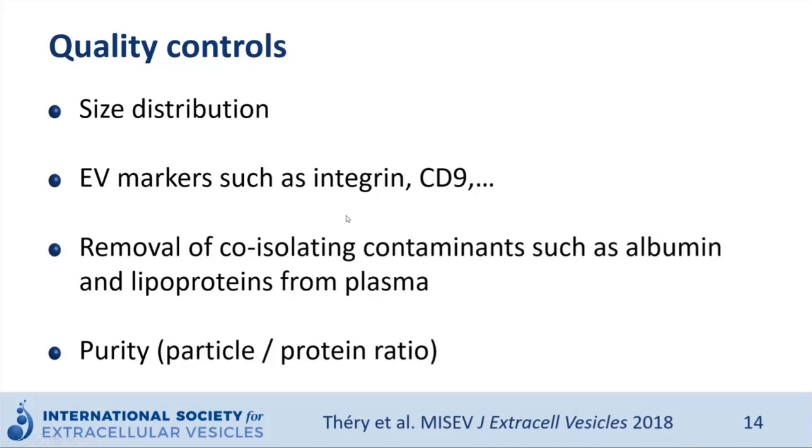In addition, EV markers such as integrins and CD9, as well as co-isolating contaminants, should be evaluated quantitatively or semi-quantitatively. We should also control the EV purity for each isolation to make valid comparisons between technical repeats.